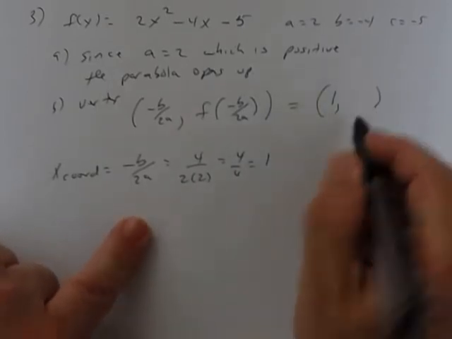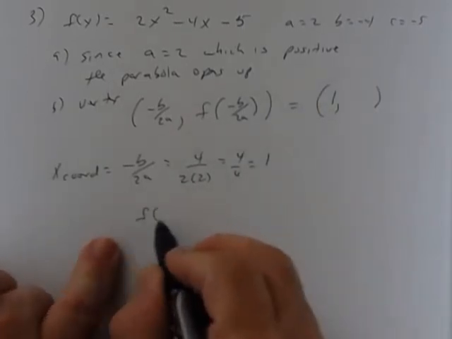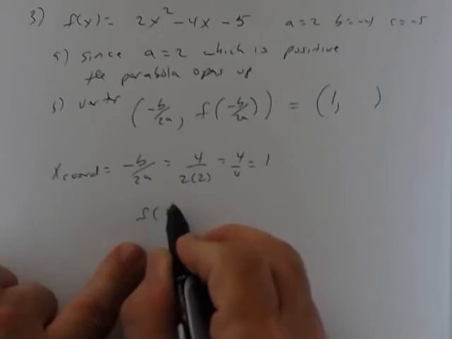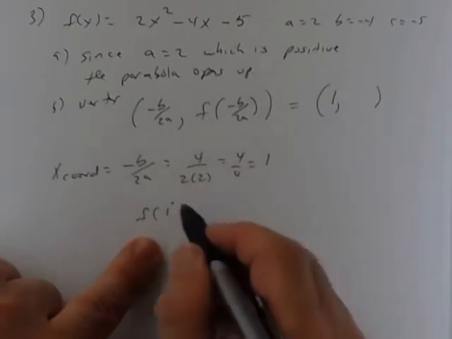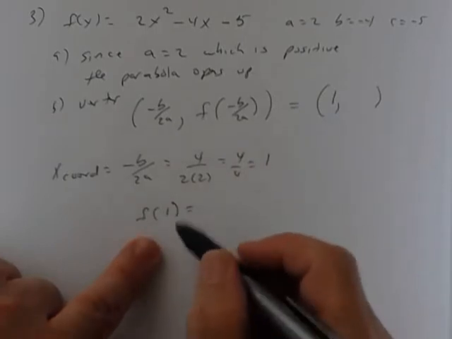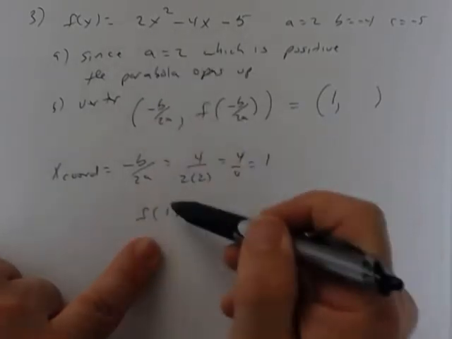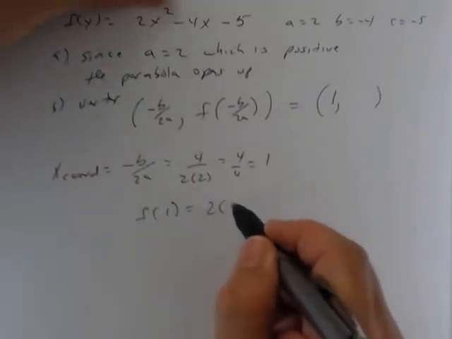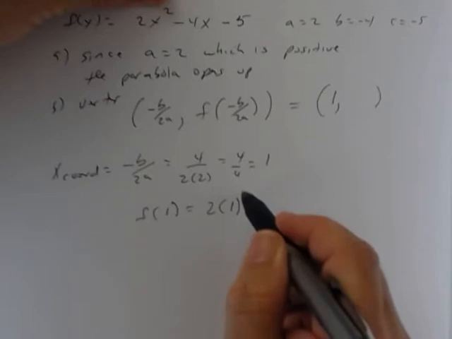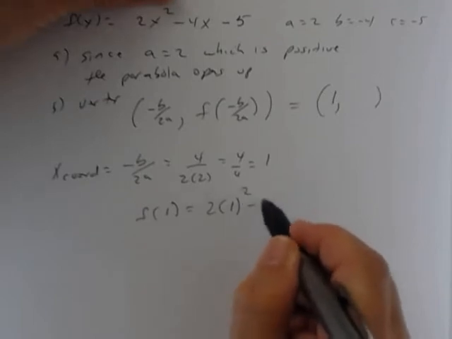To find the y coordinate, I'm going to find f of 1. In place of x, I'm going to plug in 1. So I'm going to get 2 times x, what's x? 1 squared minus 4 times x.